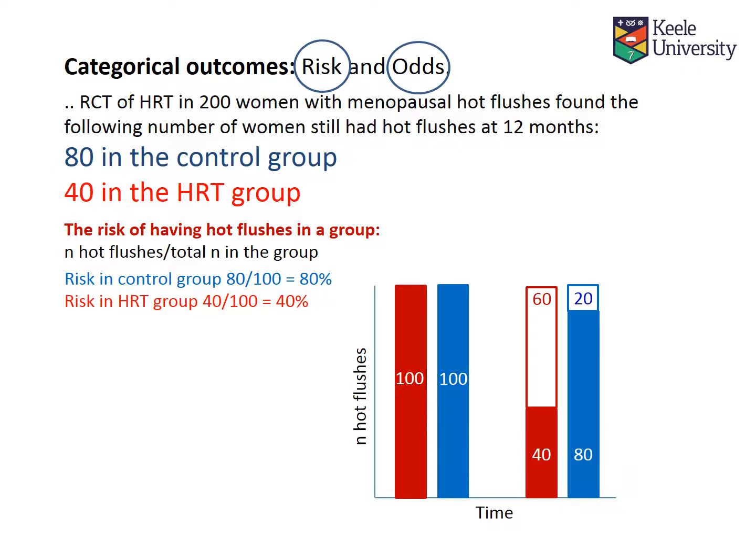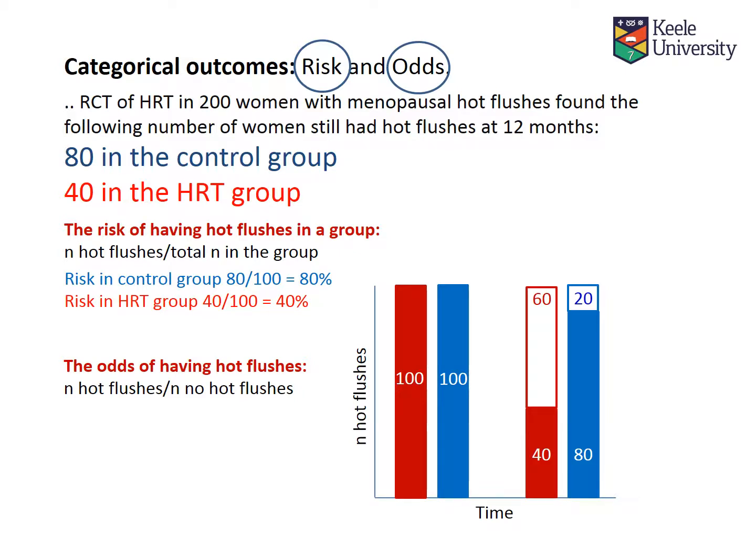So this is the risk of having hot flushes at 12 months after receiving treatment. And you can compare, the risk in the control group is higher than the risk in the HRT group.